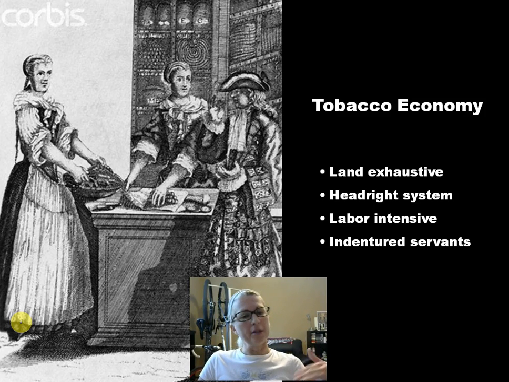As you guys know, the thing that really is going to completely transform Jamestown and eventually all of Virginia is going to be tobacco. Tobacco is large-scale plantation-style agriculture. We talked about how it's land exhaustive, and the colonists didn't use the best farming methods.